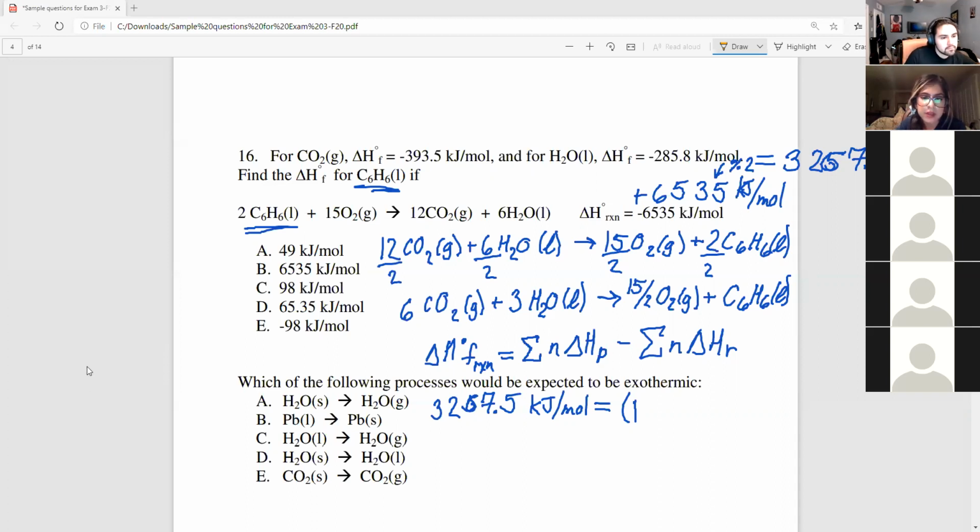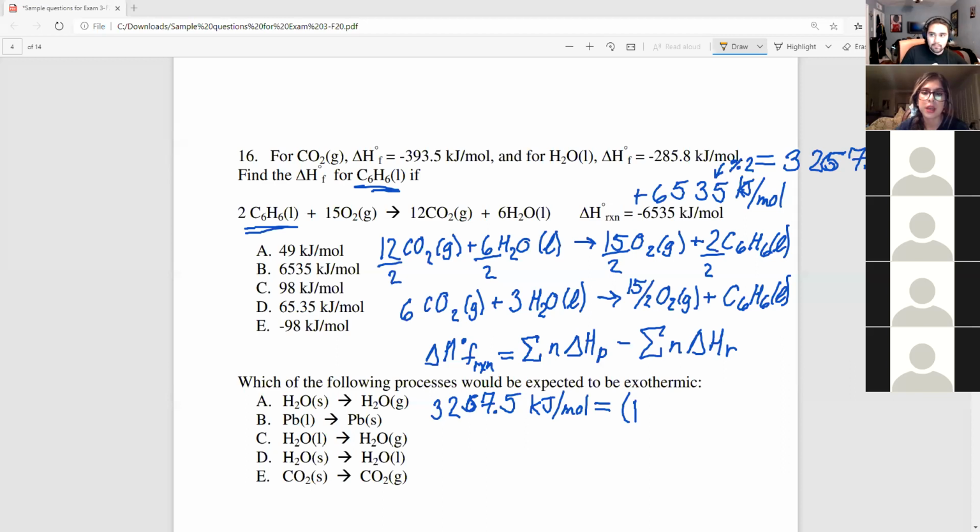Yasmin, wouldn't it be 15? Where did you get the 15 from, Yasmin? 5 times 10 to the negative. I think it might be because of the division. 15 divided by 2. Okay, but remember that if an element is in its elemental form, what is the enthalpy of its formation? 0, right?